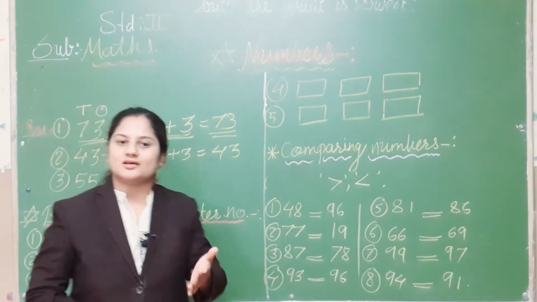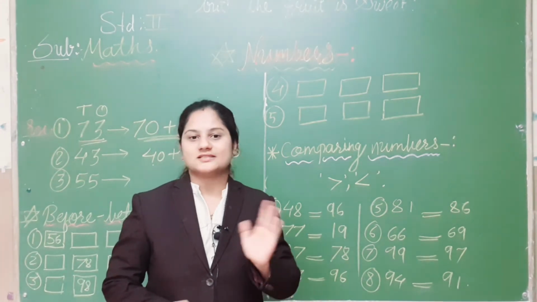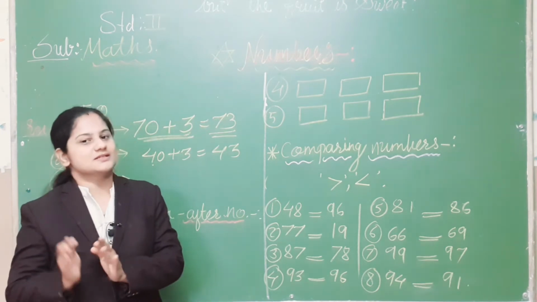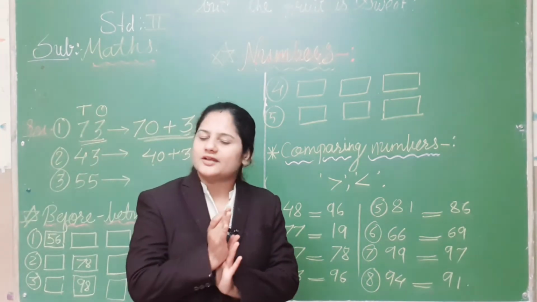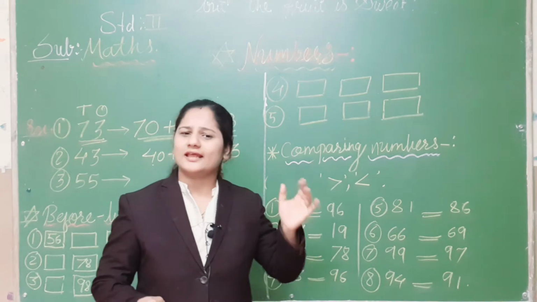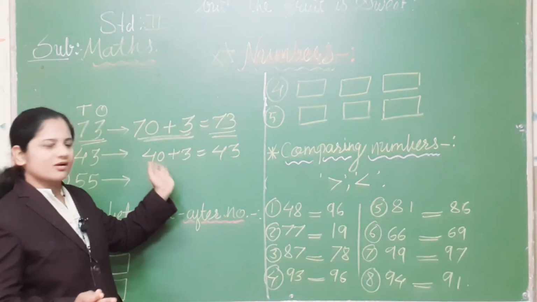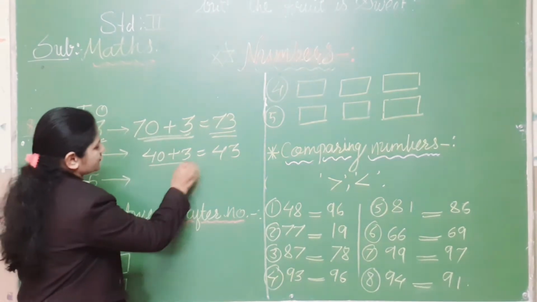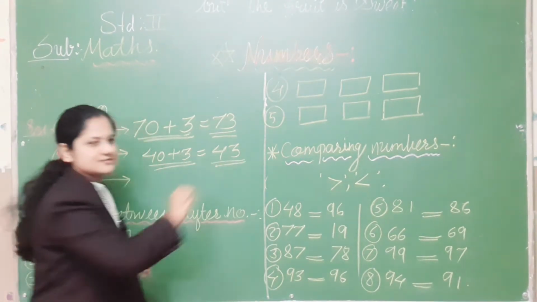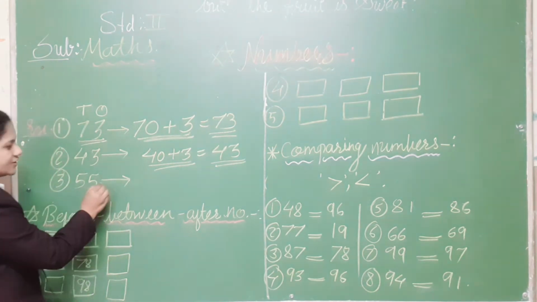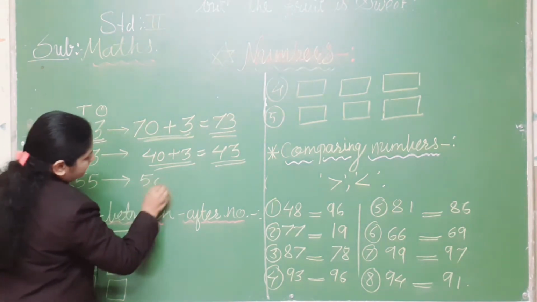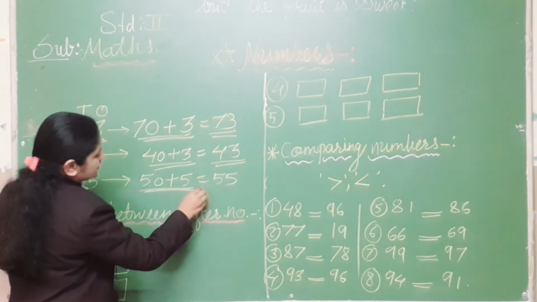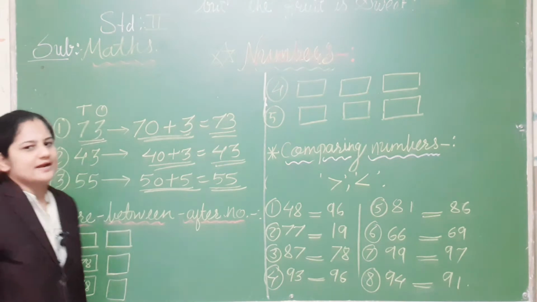Again 20 plus 10 plus 10 plus 3, 43, and again 20 plus 20 plus 3 is equal to 43, but this is so lengthy, and the simple one is 40 plus 3 is equal to 43. This is called the expanded form and this is called the standard form. 55, that is 50 plus 5 is equal to 55, again expanded form, and this is the standard form.